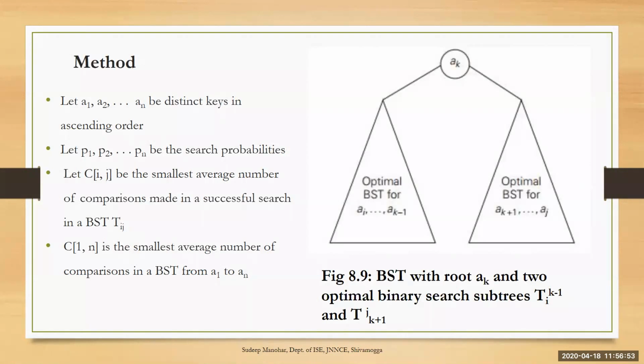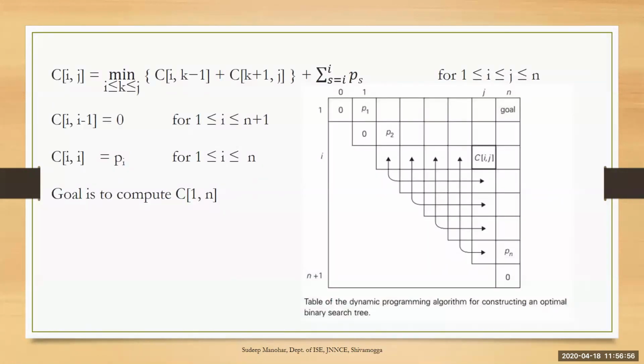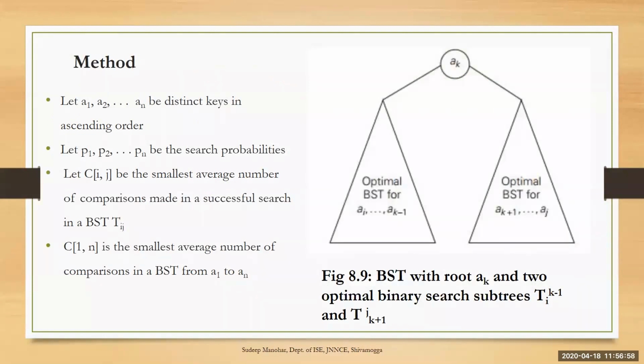For now, just understand that C is a two-dimensional matrix, and C of ij is the value in the cell of that particular matrix C. It gives the smallest average number of comparisons made in a successful search in a binary search tree Tij.